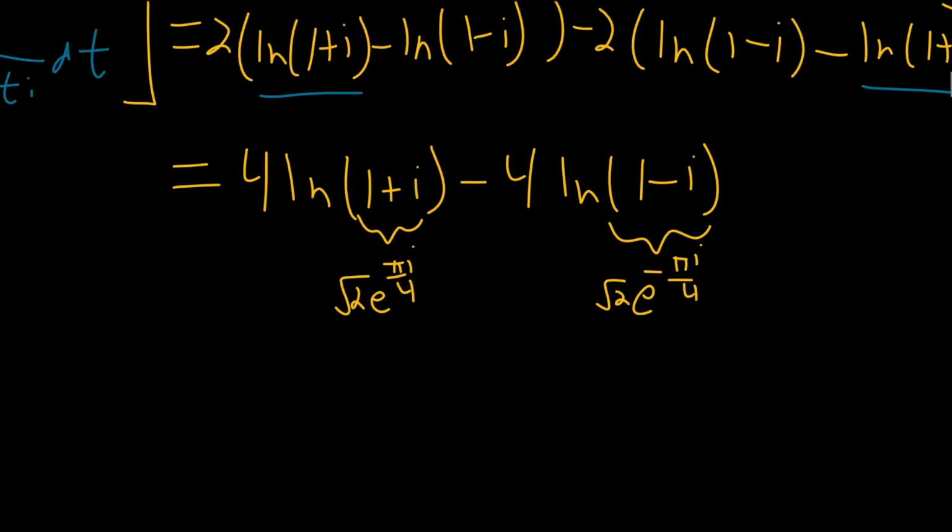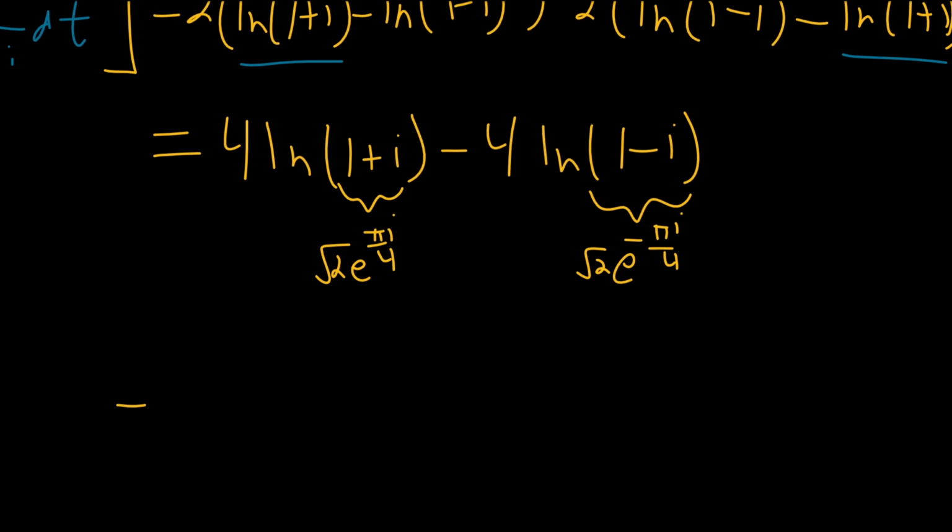So doing that, I'm going to factor out the 4 just for now. We find that this is, by properties of logs, the natural log of the square root of 2 plus the natural log of e to the pi I over 4, but natural log and e are inverse functions, so we're just left with pi I over 4.